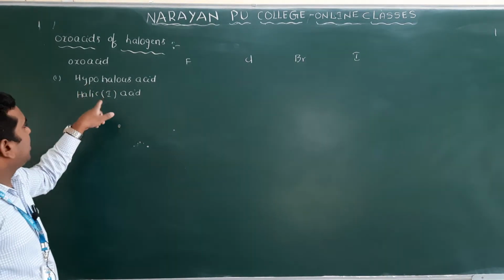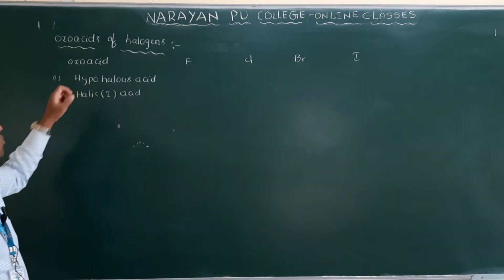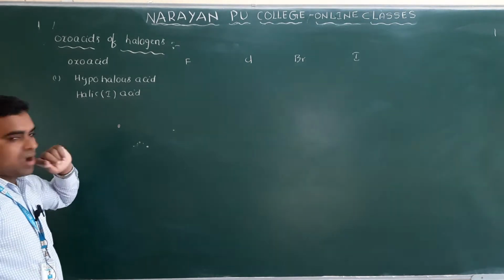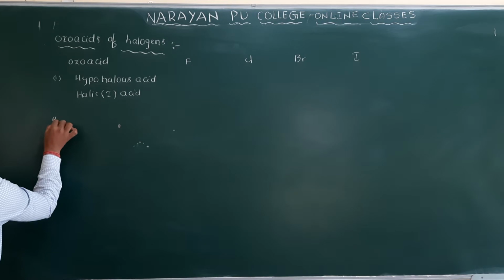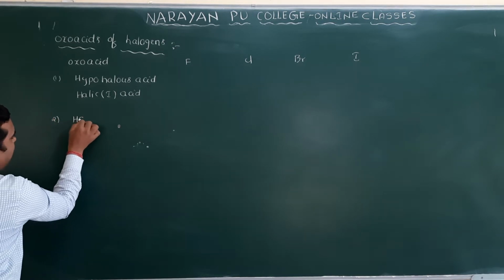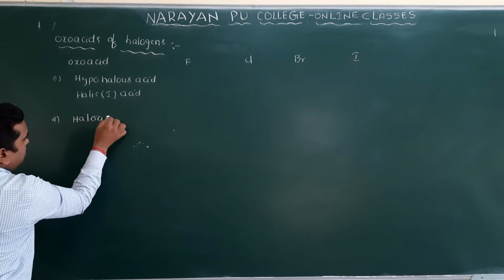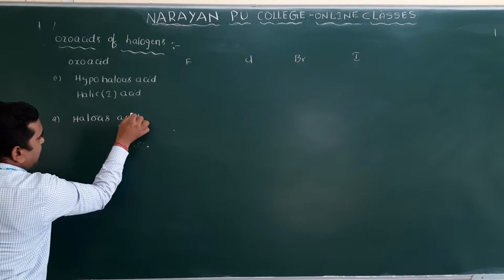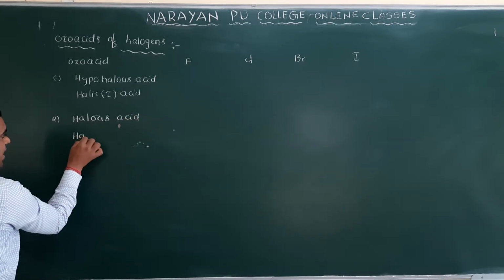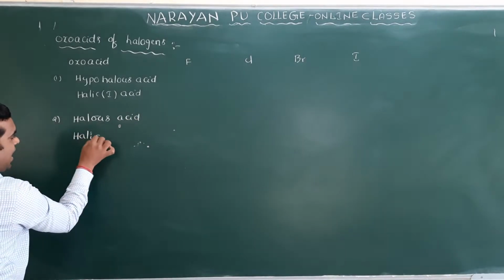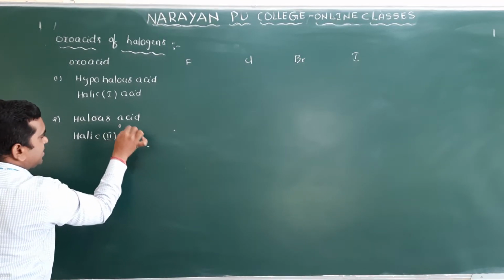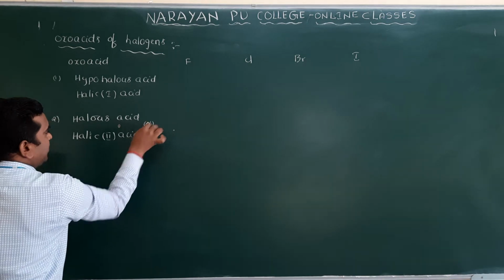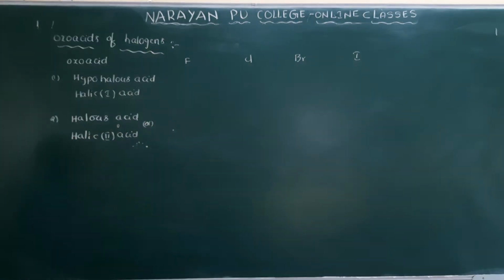The second one is halous acid, or we can write halic 3 acid, meaning the halogen oxidation state in this halous acid is +3.